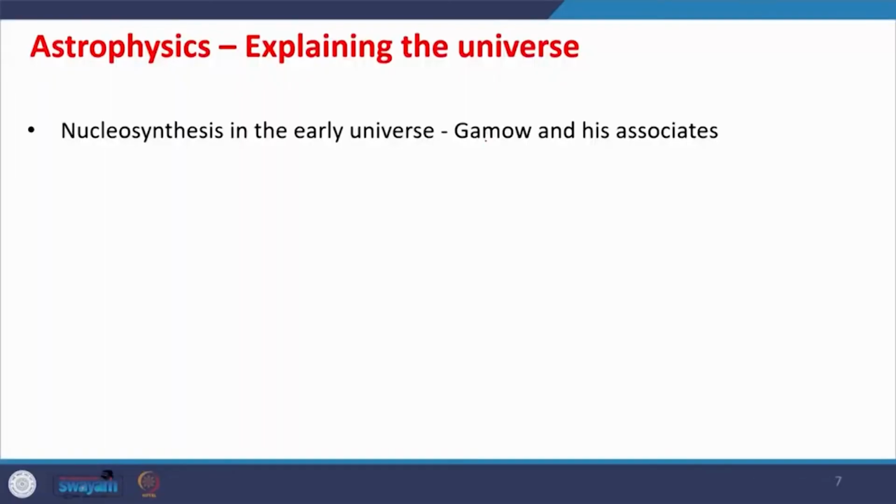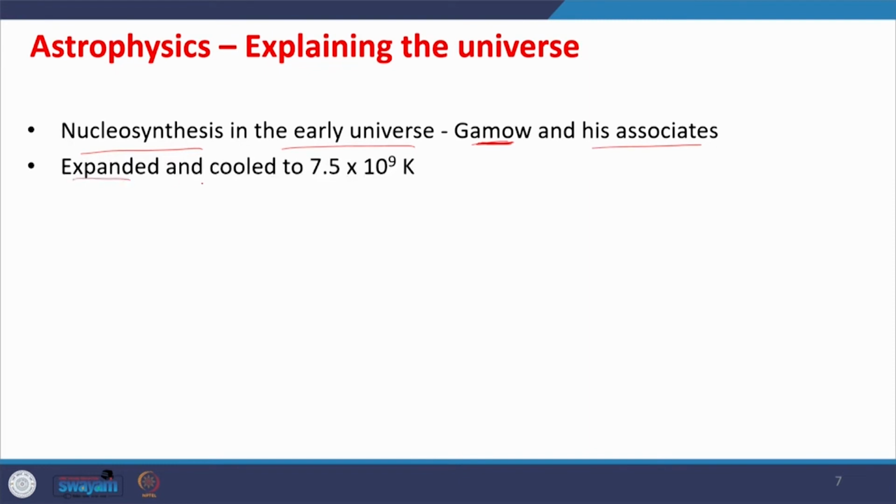Gamow and his associates predicted nucleosynthesis in the early universe. How? Because of the quantum tunneling process, even though the energy is not sufficient for fusion to happen, based on quantum mechanical tunneling, synthesis of nuclides can happen, followed by the expansion and cooling of the universe to a temperature of 10 to the power of 9 kelvins.